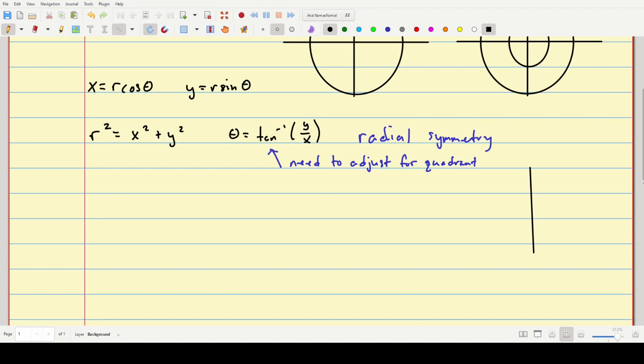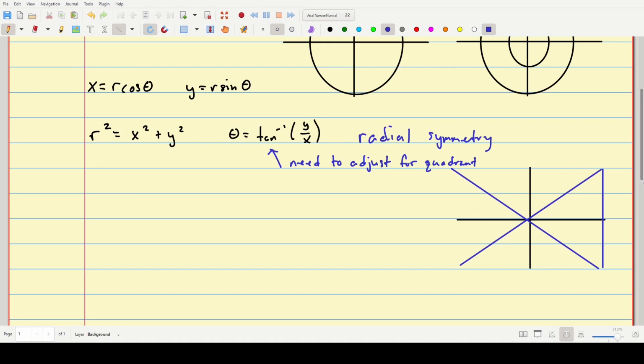I think that the easiest way to remember how to do this is to use reference angles. Okay, you have this theta here, right? All of these angles are theta.